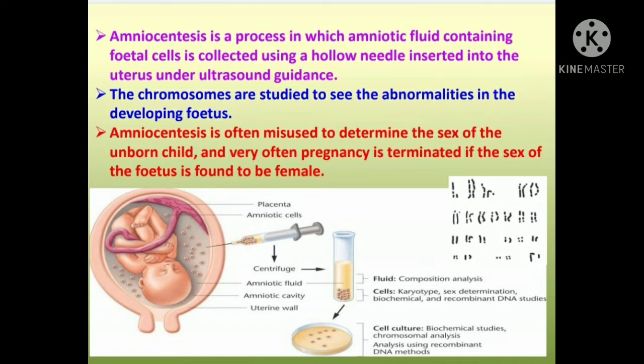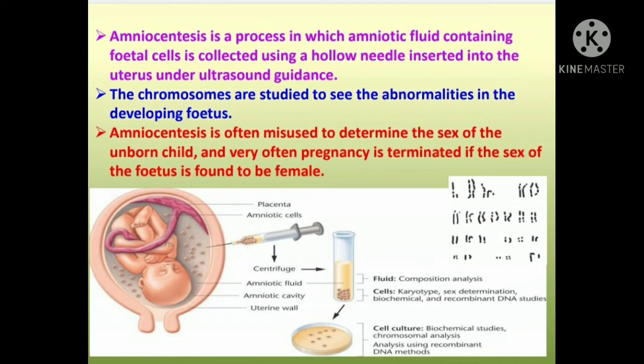But the dangerous trend is the misuse of amniocentesis to determine the sex of the unborn child, which is a crime in our country. The determination of sex is illegal in our country. Frequently, if the fetus is found to be female, it is aborted, which is totally illegal.